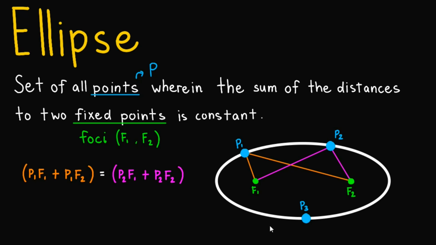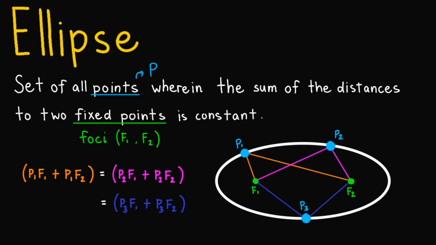And we can do the same for this third point. Let's take its distance to the first and the second focus. If we add these two up, we also know that this sum of distances is equal to the first two sums of distances that we obtained. So that is the definition of an ellipse.